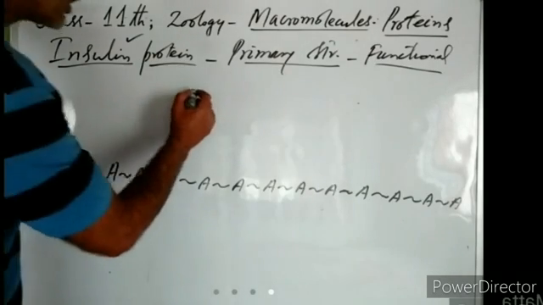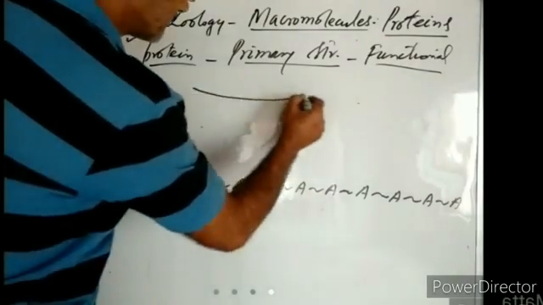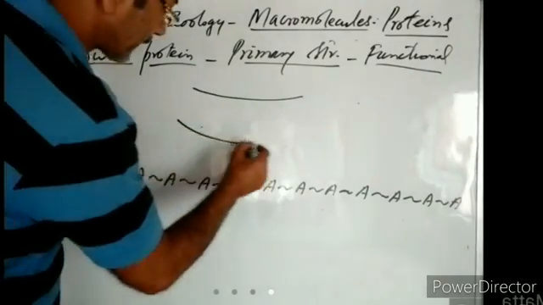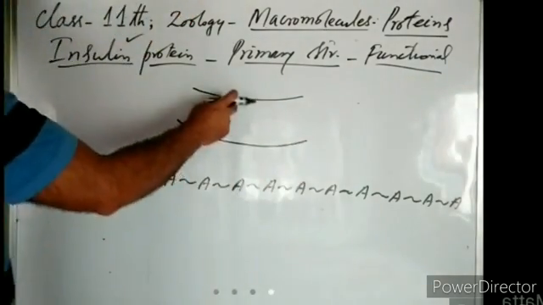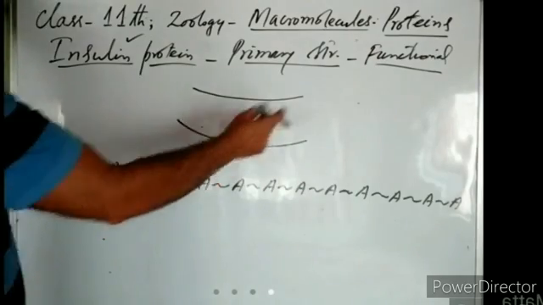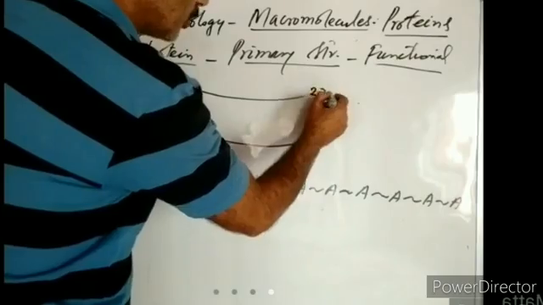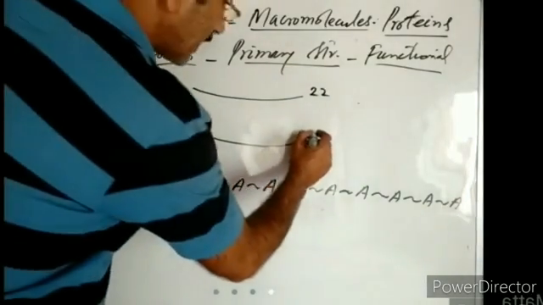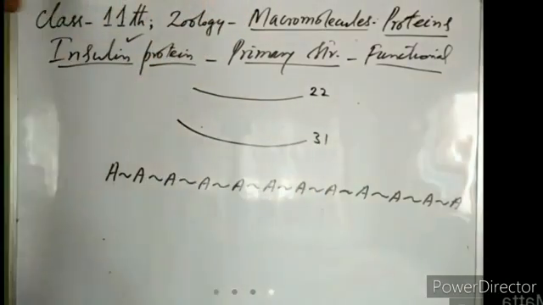In primary structure, insulin has two polypeptide chains. This is one polypeptide chain, this is another. In human insulin, one chain has 22 amino acids and the other has 31 amino acids, right?